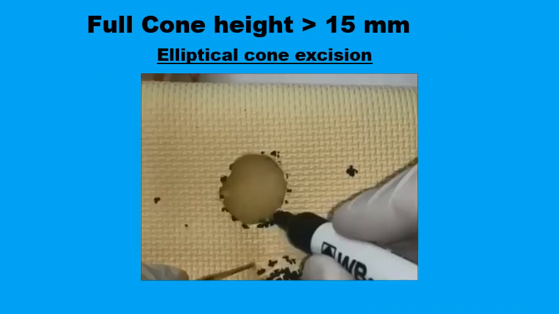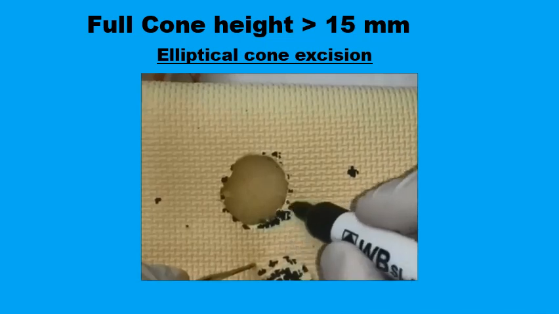But if the dog ear is of the full cone type with excess tissues on both edges of the wound, then an elliptical skin excision from both sides will be required.